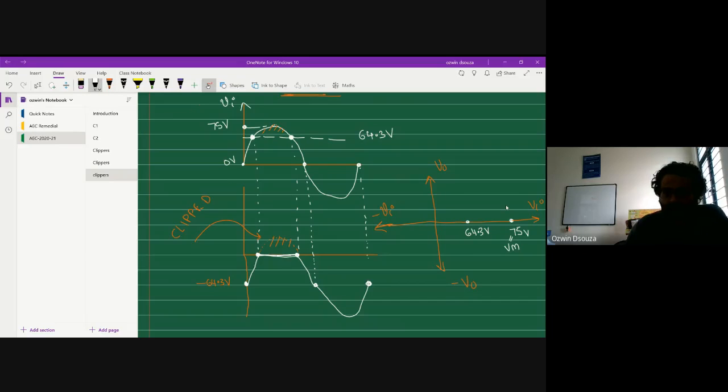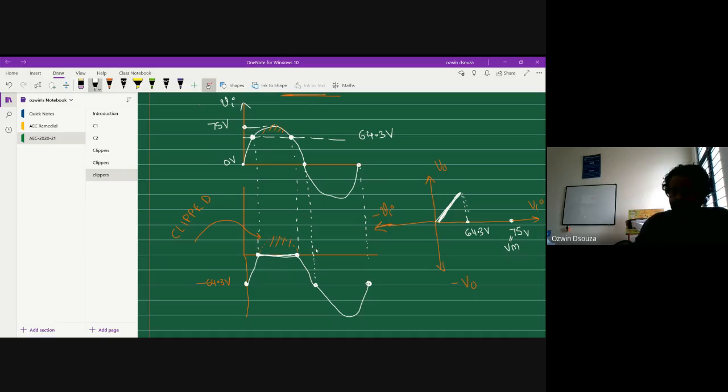As you know, as long as your input is less than 64.3 volts, that is in this region, your output will be an AC signal. Now, beyond the 64.3 volts level, output is basically 0.